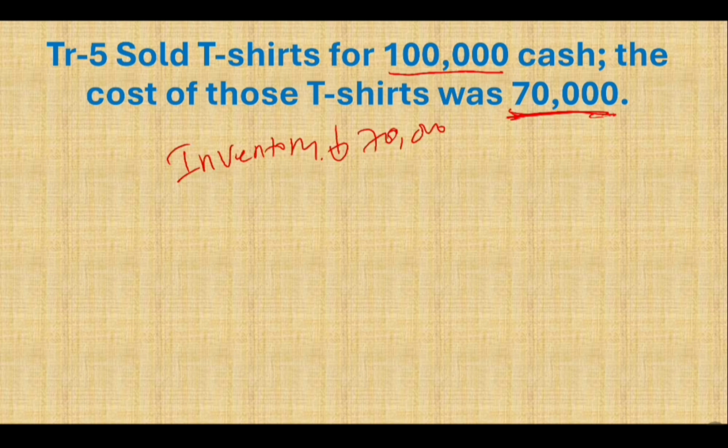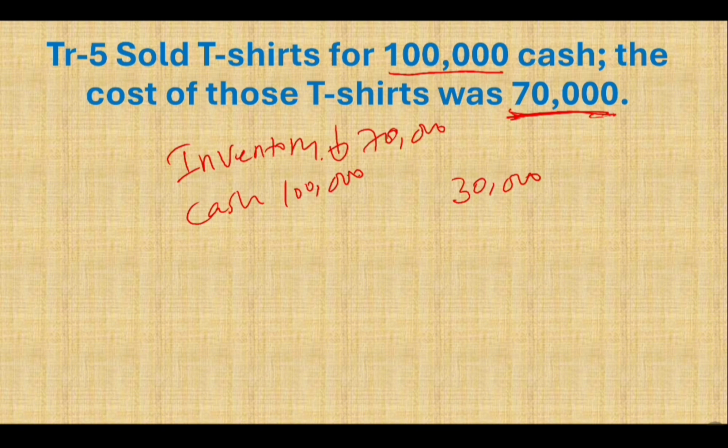Inventory is decreased by 70,000. Cash is increased by 100,000, and the difference is 30,000.